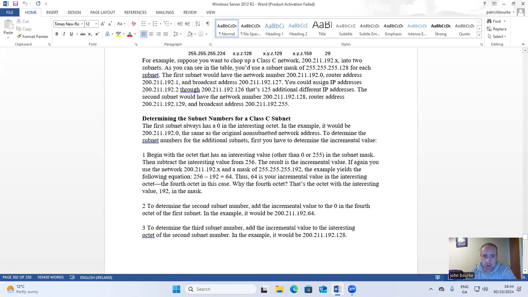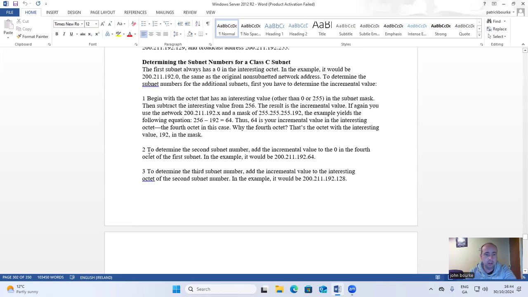If, again, you use the network 200.211.192.x and a mask of 255.255.255.192, the example yields the following equation: 256 minus 192 equals 64. Thus, 64 is your incremental value in the interesting octet, the fourth octet in this case. Why the fourth octet? That's the octet with the interesting value 192 in the mask.